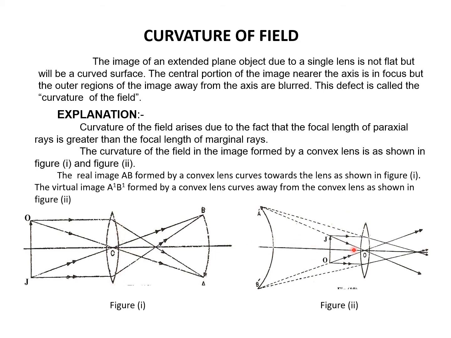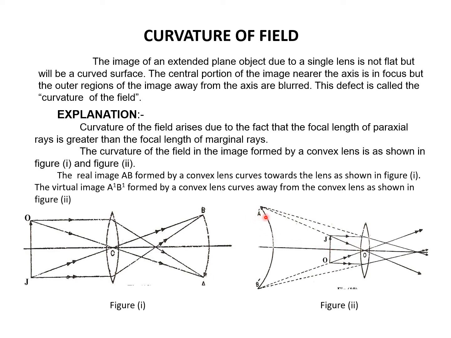And in the second case, this convex lens forms the virtual image of the object. The convex lens forms the virtual image when the object is placed before the principal focus of the lens. That means the object distance is less than the focal length of the lens.